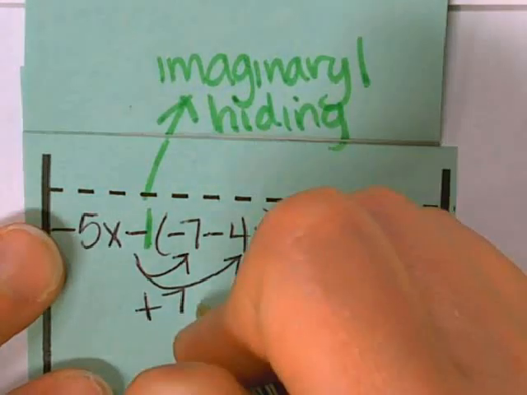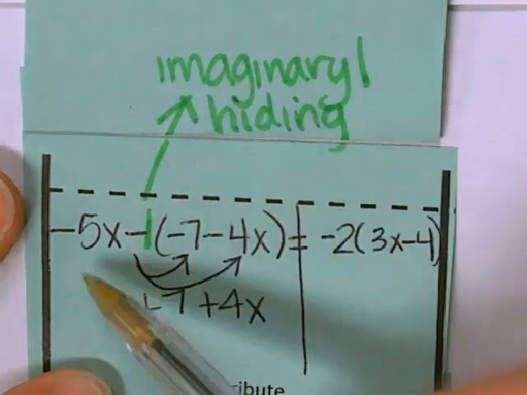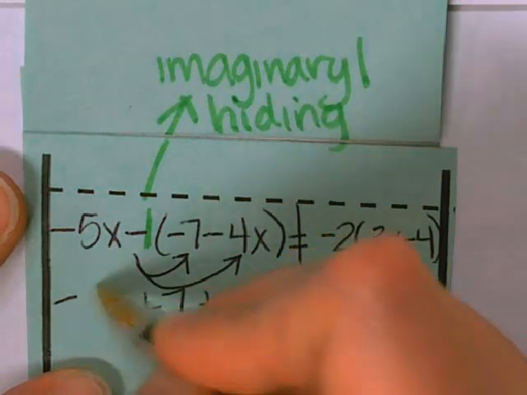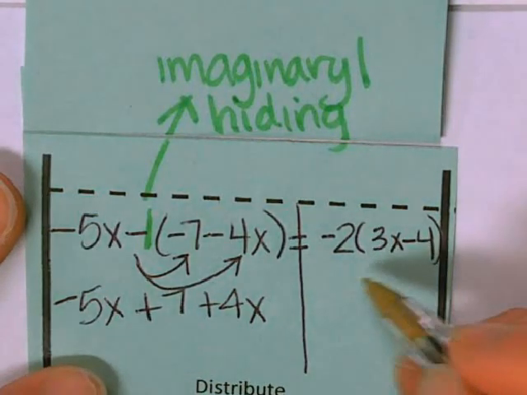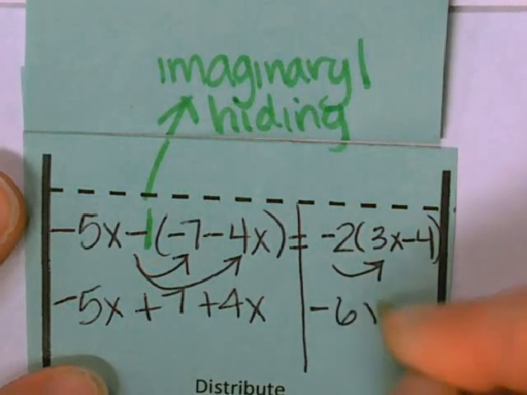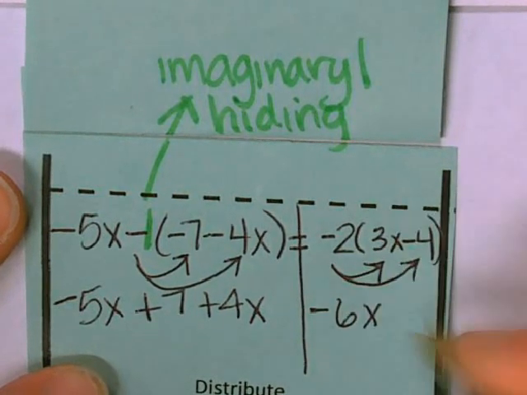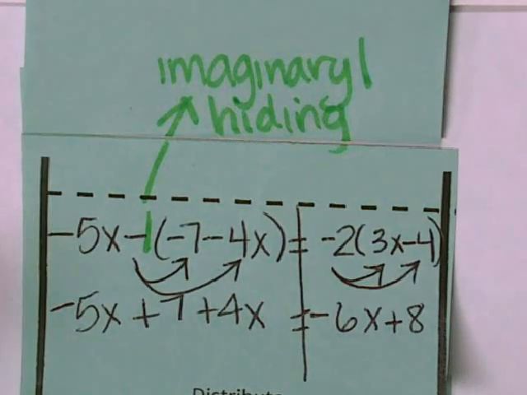Negative 1 times negative 4x is positive 4x. Draw our line. Remember that the negative 5x doesn't just disappear, it has to come down. And then on this side, we're going to distribute as well. Negative 2 times 3x is negative 6x. And negative 2 times negative 4 is positive 8. Okay?